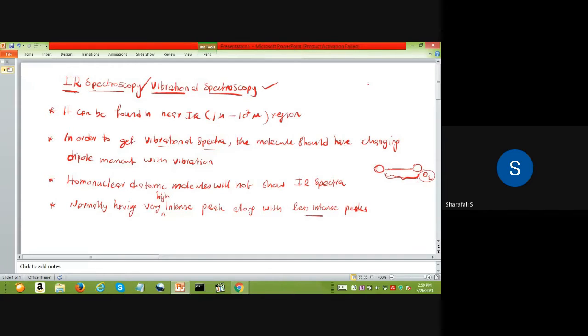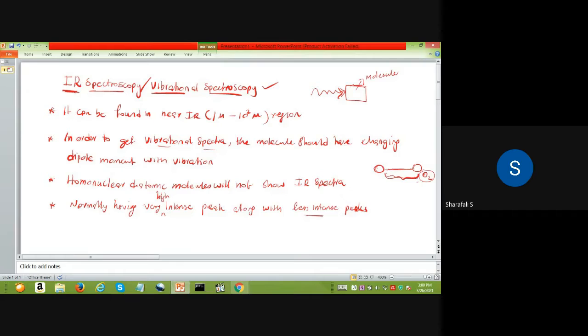Suppose you have a sample which consists of some particular molecules, and you give some radiation to the sample. When they absorb this radiation, they will produce some kind of oscillation. In the last section we discussed microwave spectroscopy: when we give microwave radiation to the molecules, they start rotating.